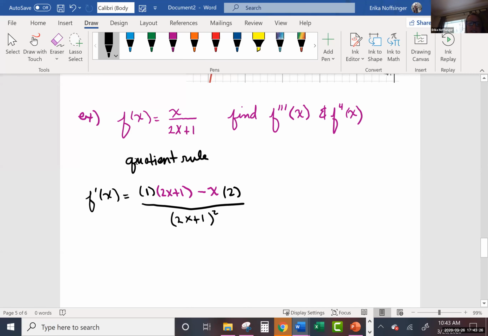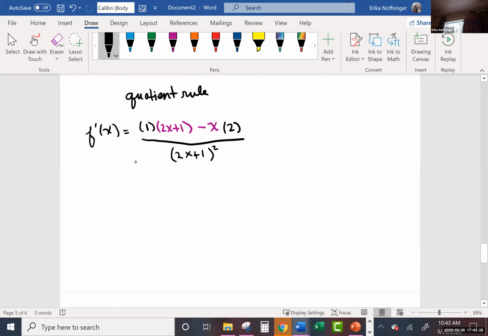So let's clean that up a little bit. This is really 2x plus 1 minus 2x. So in my numerator, all I'm left with is a 1 all over 2x plus 1 quantity squared.